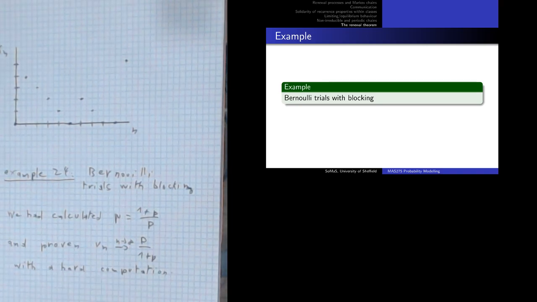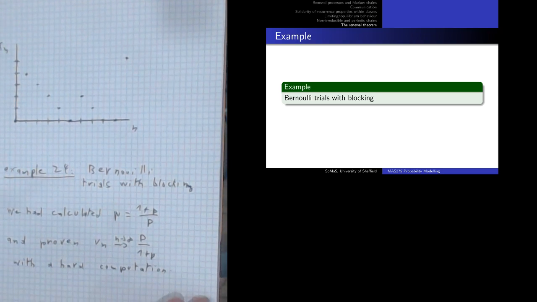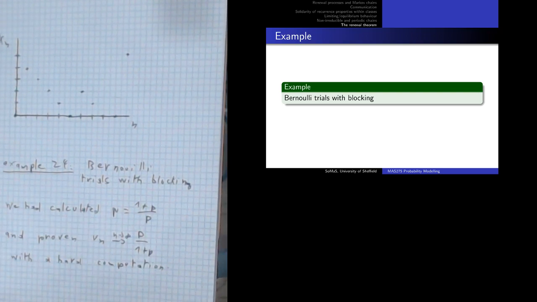Which I'm pretty sure involved taking power series and playing around with those. But here, of course, you notice that p over 1 plus p is the inverse of (1 plus p) divided by p. I said minus, I wanted to say plus.